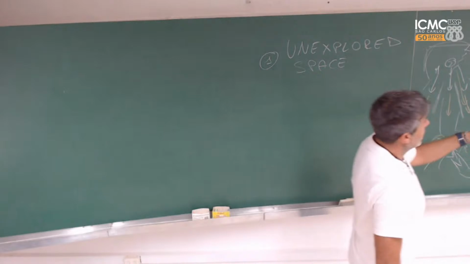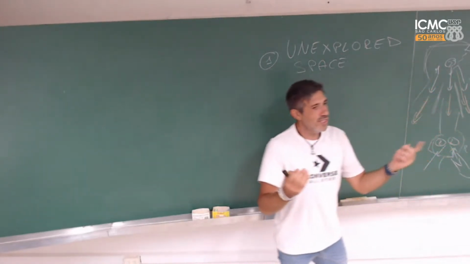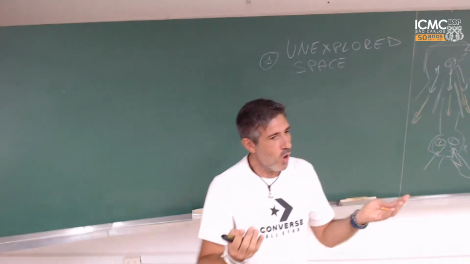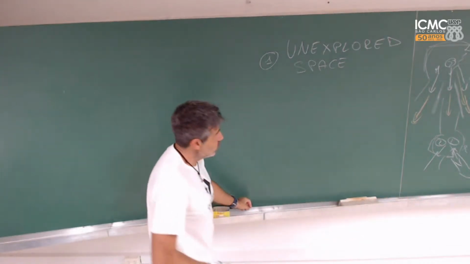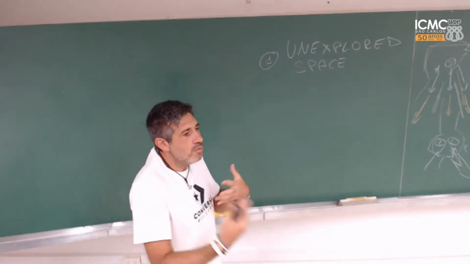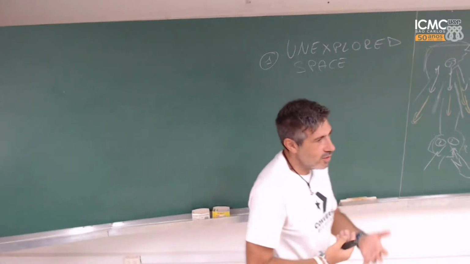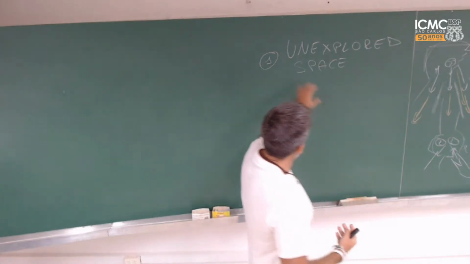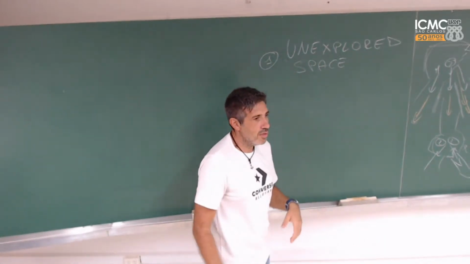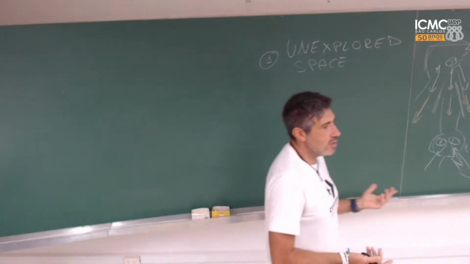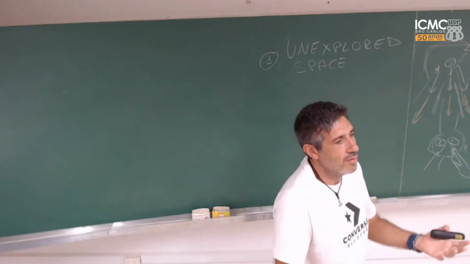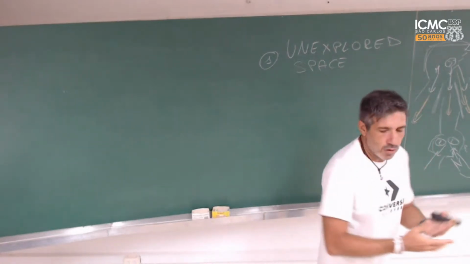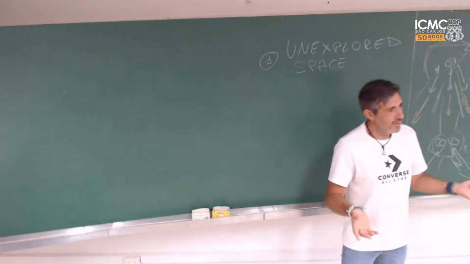No. Okay, so we are building a map of the park, right? So when I perform an exploratory testing, I am in an unexplored space. It's like a robot, do you know Roomba? Yeah.